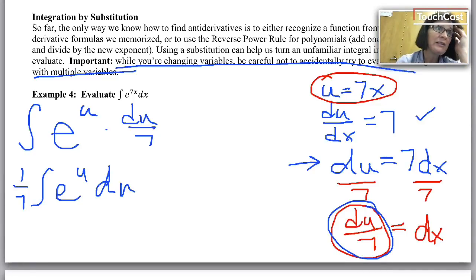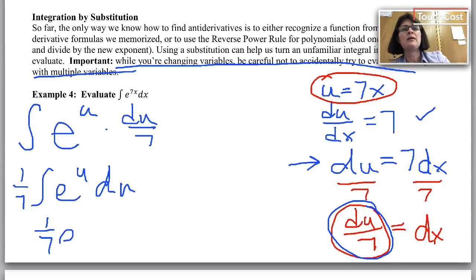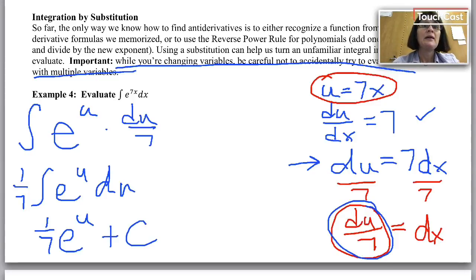What function of u would you take the derivative of to get e to the u as the answer? That's e to the u. So my final answer, 1/7 e to the u, plus some constant.